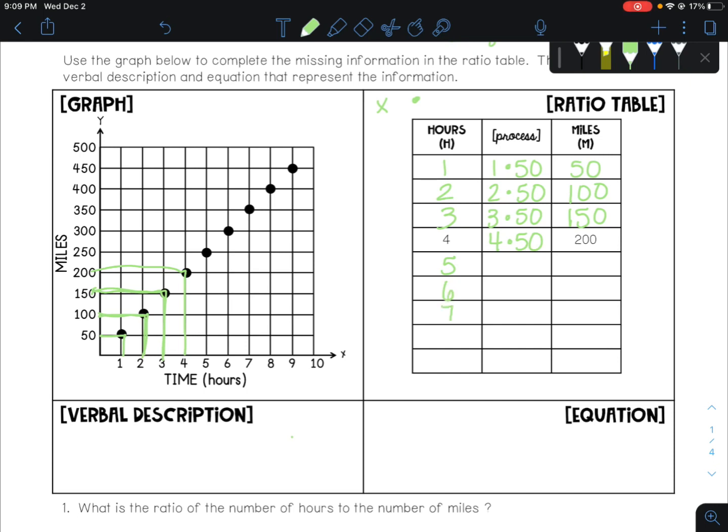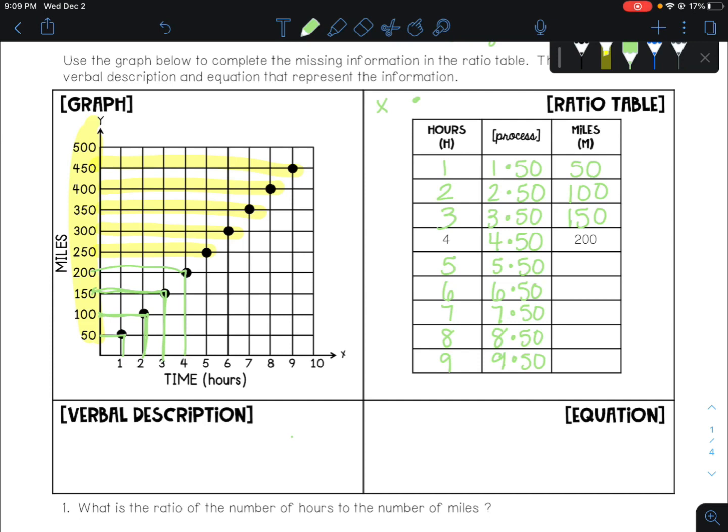5, 6, 7, 8, 9. Just counting by ones there to keep the pattern going. So 5 times 50, 6 times 50, 7 times 50, 8 times 50, and 9 times 50. We can see over here that these values are the ones that we're going to need for our other column, or we could just skip count, which is probably faster.